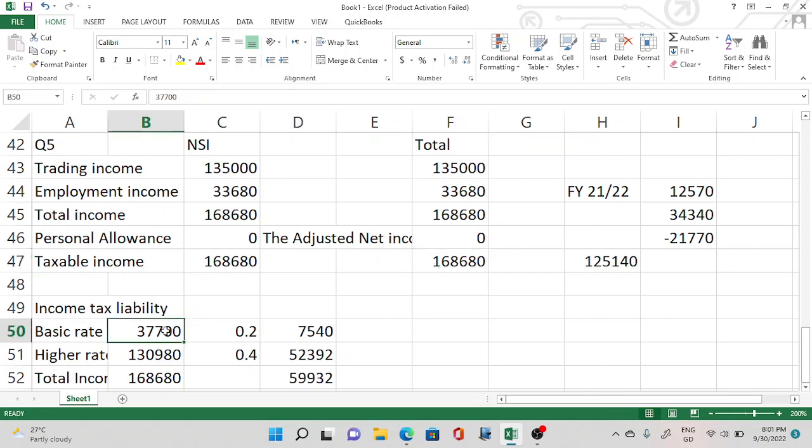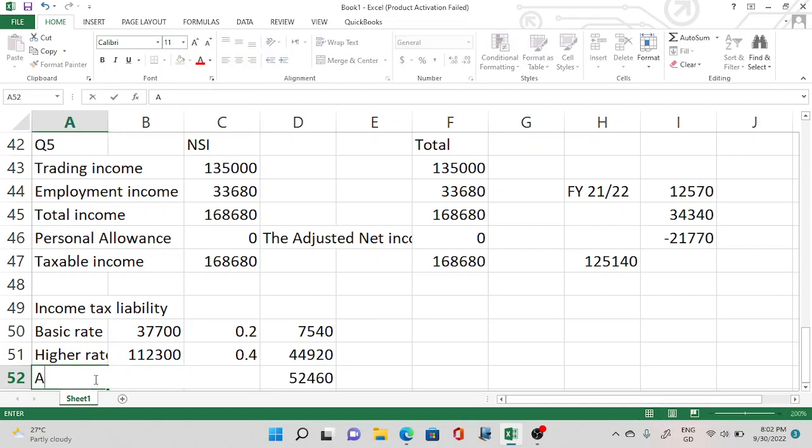The first 37,700 will fall into the basic band, correct? Now the higher rate is still 150,000. So just look at the formula. I'll be putting 150,000. Out of 150,000, this is already taxed, and now there is some additional part. So additional rate, and what is that? 150 is taxed. Now what is the additional? Here it is.